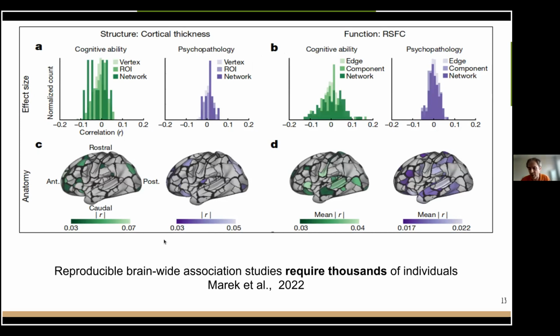And just to remind everyone that in brain imaging, the effect sizes are pretty small, and that's the Marek et al. paper, a fairly recent paper, showing that you actually need thousands of individuals and participants in the study to actually describe some effects between cortical thickness and cognitive ability or psychopathology, either in the anatomical or the functional world.